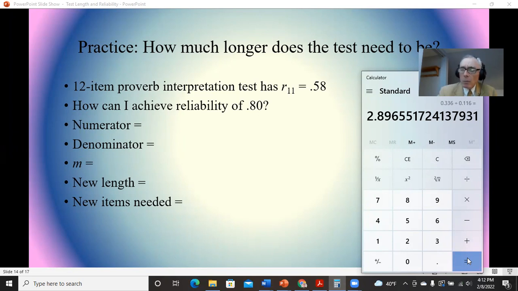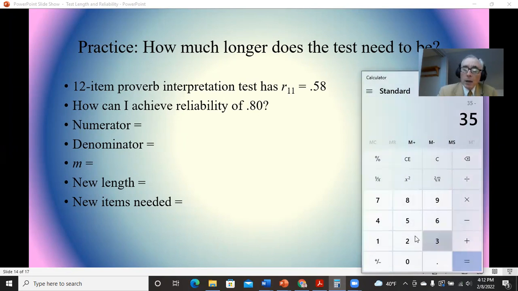So I had 12 items. That means that I need to have a test that is about 35 items long, the 2.896 whatever times 12 gave me 34.758. Again, no such thing as a fraction of an item, so I probably need a 35 item test.